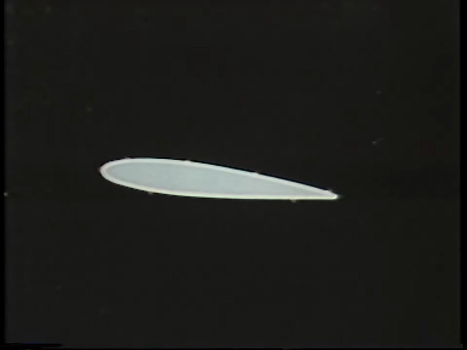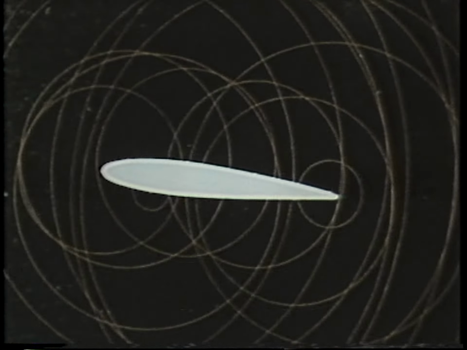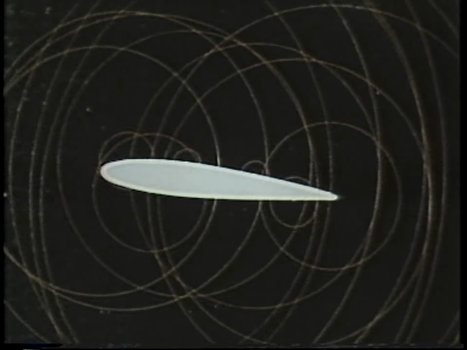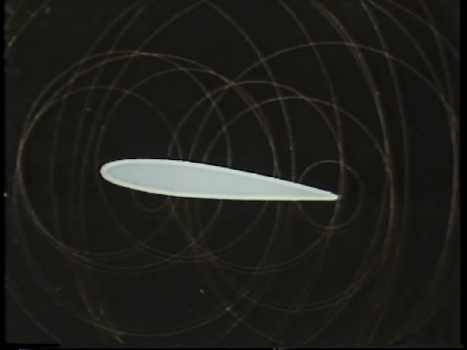Now look at the wing again. Every point on it, by traveling through the air, sets up tiny disturbances which move outwards as pressure waves at the speed of sound. And parts of these disturbances reach the air ahead of the wing.